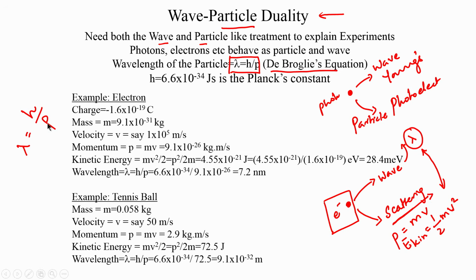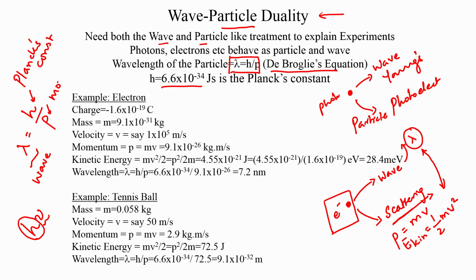So we say that lambda, which is the wavelength, is defined as h by p, where h is a constant called Planck's constant, and it has got a value of this. It is the same constant that is used to define the energy of a photon. So the energy of a photon is h times nu, where nu is the frequency of a photon. We are talking about the same Planck's constant, and p is the momentum of the electron.